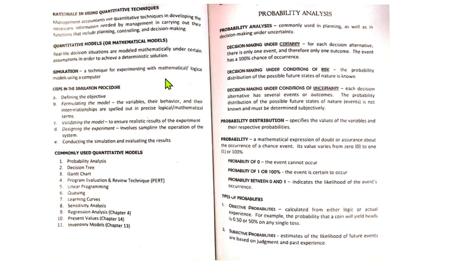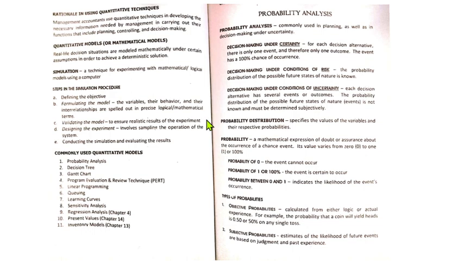So what are the steps in the simulation procedures? One is we define the objective. Are we going to maximize the profit, to minimize the cost, or to limit a certain number of employees? So yun yung mga classification ng objectives. Next is we formulate the model based on the variables, the behavior, and the relationships. Next, we validate the model.